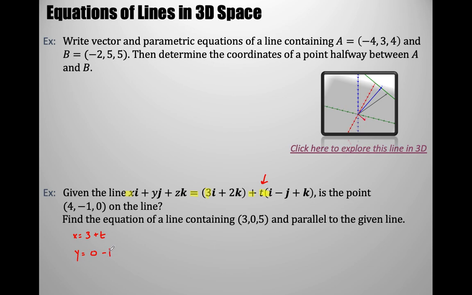I'm sorry, minus 1t. And then what is z? z is in front of that k, so that's 2 plus what kind of k? What's the coefficient in front of k? Right, t times 1, also a t. So, is (4, -1) on the line?